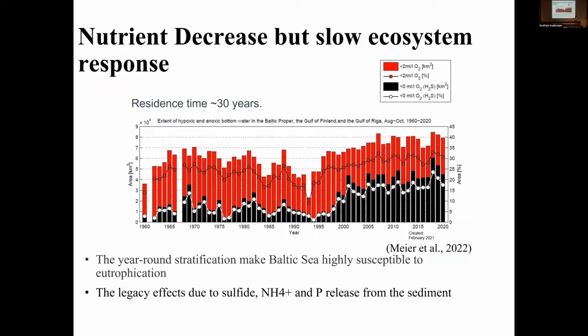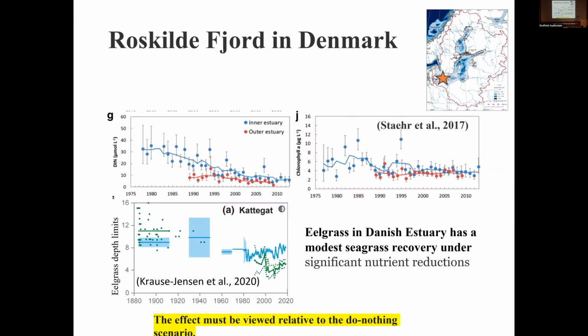This map shows the hypoxic area and anoxic area. Even though the hypoxic area declined, the anoxic area still increased, mainly because of the year-round stratification and also the legacy effect from the benthic.